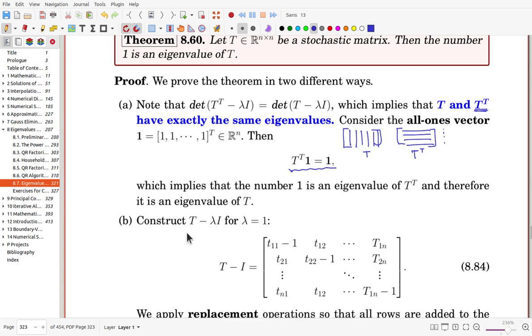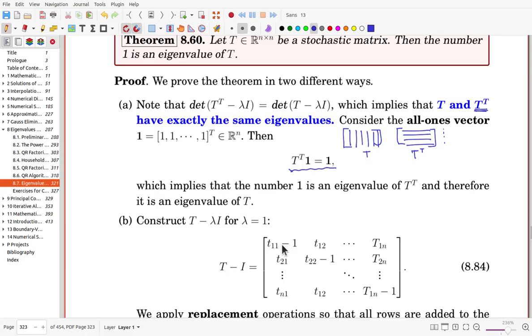Now let's do it through the construction of T minus lambda I, where lambda is 1. T minus lambda I, here lambda is 1. Then explicitly we can write it in this way. Now we apply replacement operations. The replacement operations do not change the determinant, but the matrix will be different.